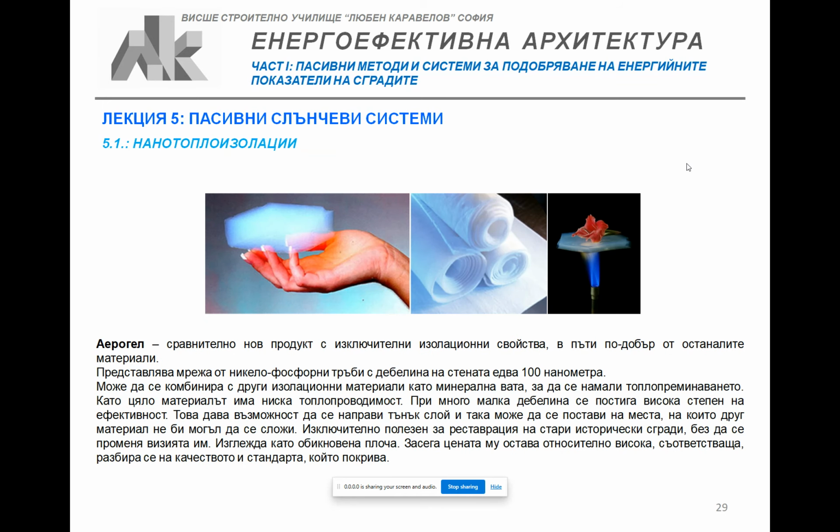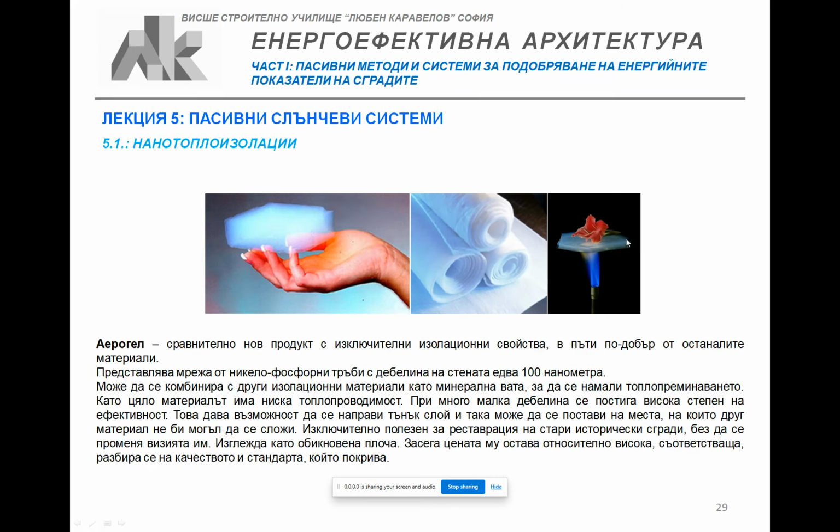And the next several insulations are based upon cosmic research, space research for space stations. The first one that is already entering the market is aerogel, which has nickel phosphor tubes with very small, about 100 nanometers thickness, filled with air, and placed in a grid.